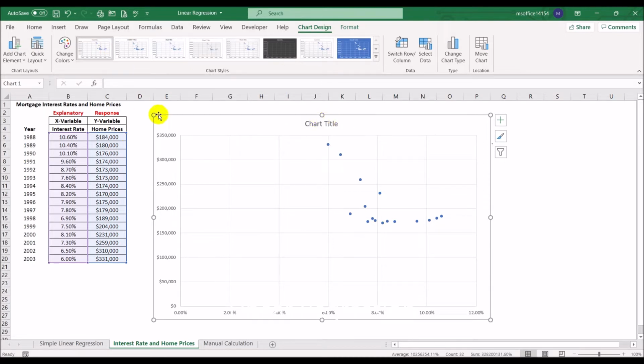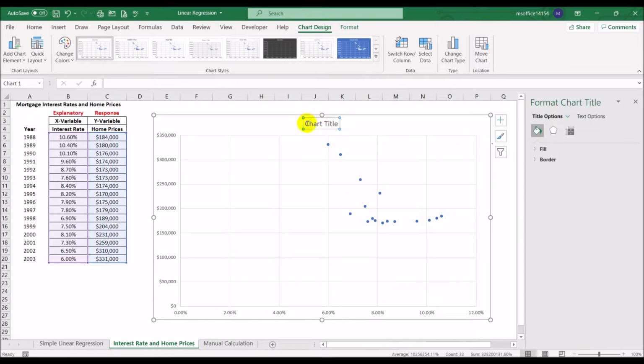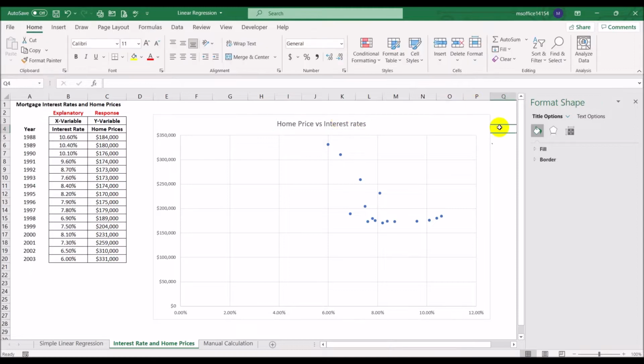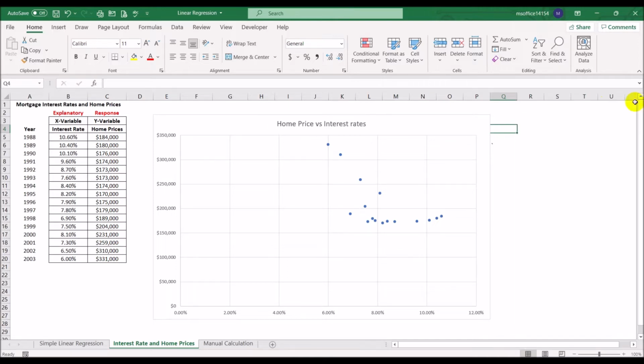Let's go ahead and now put it as home prices versus interest rates. Okay, now we've got a basic structure done. Now let's see if we can do a trend line and also look at what the trend line would do.